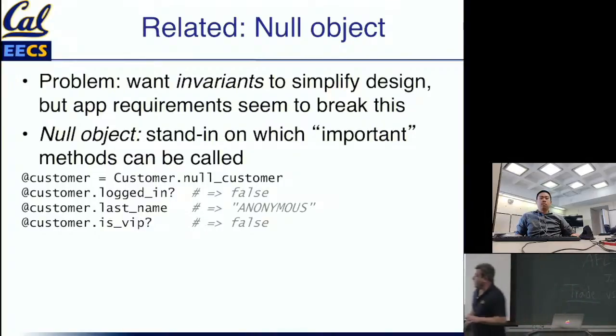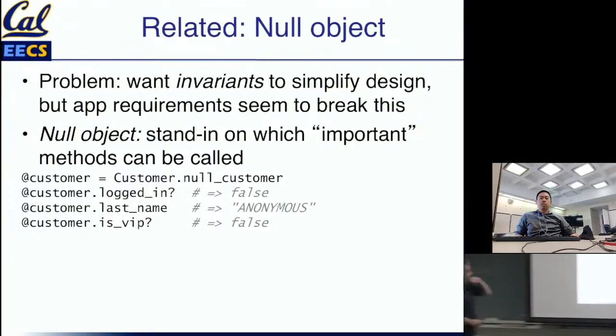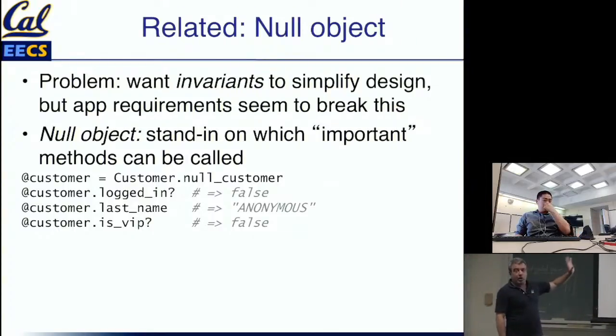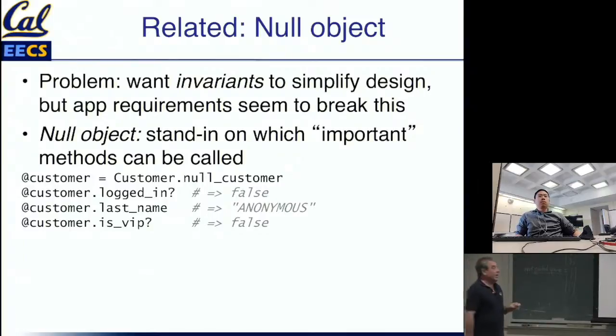So again, I'm going to use an example from my own experience from real life, which is sprinkled all over one of my applications: the idea that there's a bunch of properties you can ask about a customer. The problem is that in some places, those calls are made in a scenario where nobody has logged in yet.